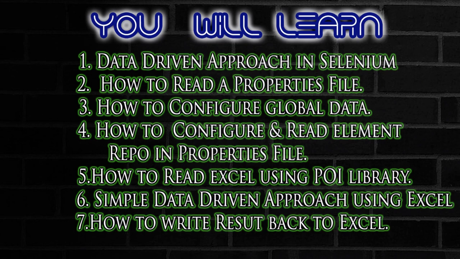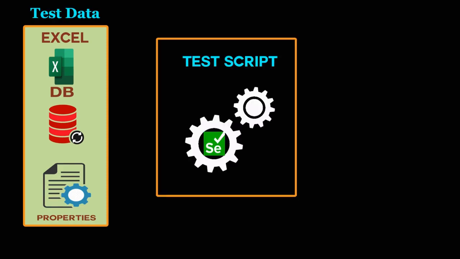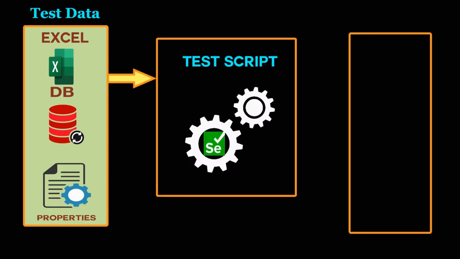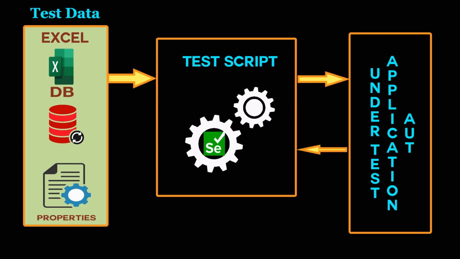Let's start. Before that, we'll understand how the data flows in this, and how this approach was designed. If you see the picture clearly, you have three segments. One is test data, which is an external file, and from there you can take the test data.